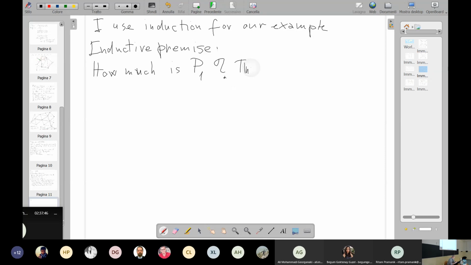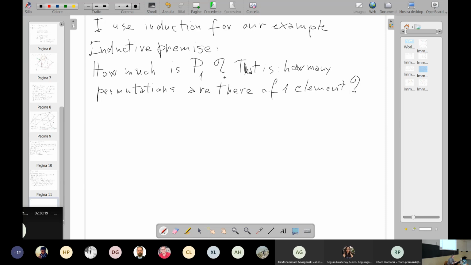That is, how many permutations are there of one element.